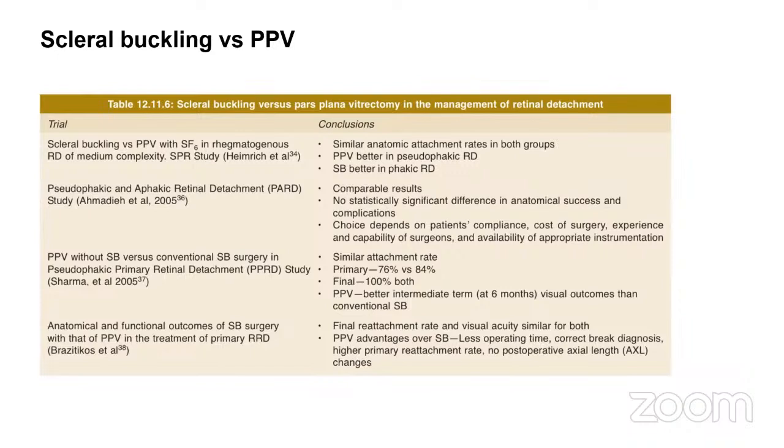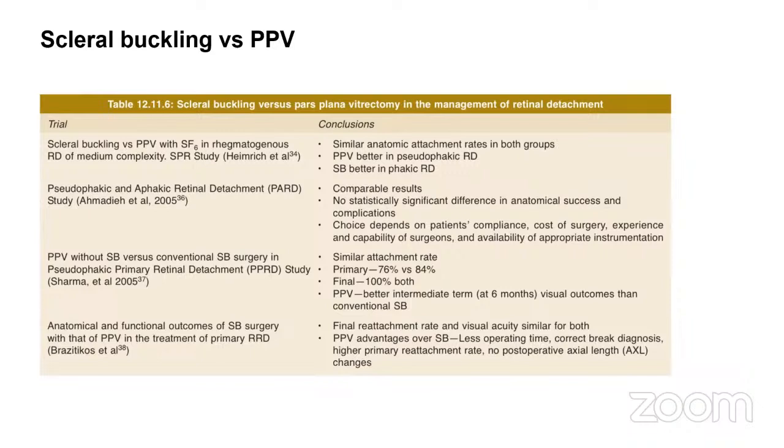And comparing pseudophakic and aphakic retinal detachment, both are having comparable results, and no statistically significant difference in anatomical success and complication. So the choice depends on the patient's compliance, cost of surgery, and experience and capability of the surgeon.